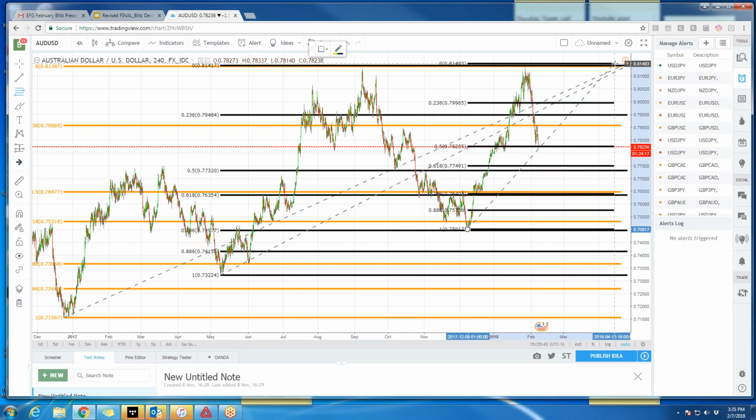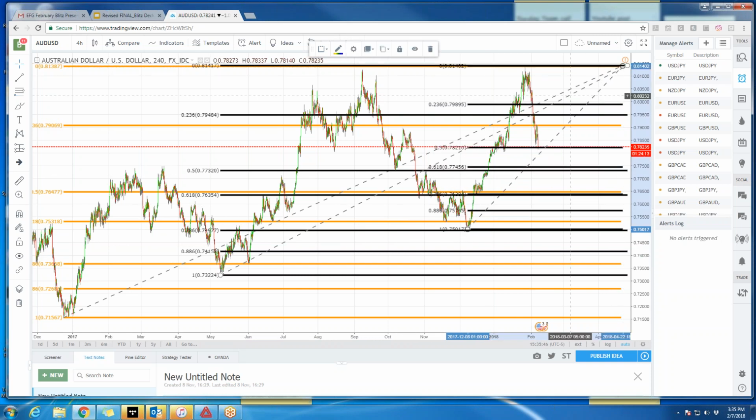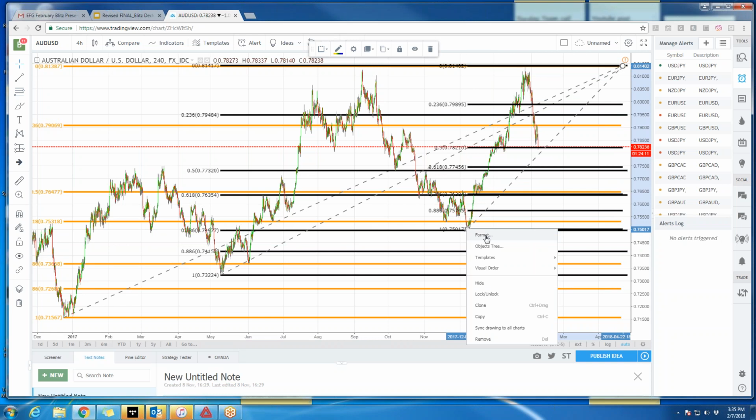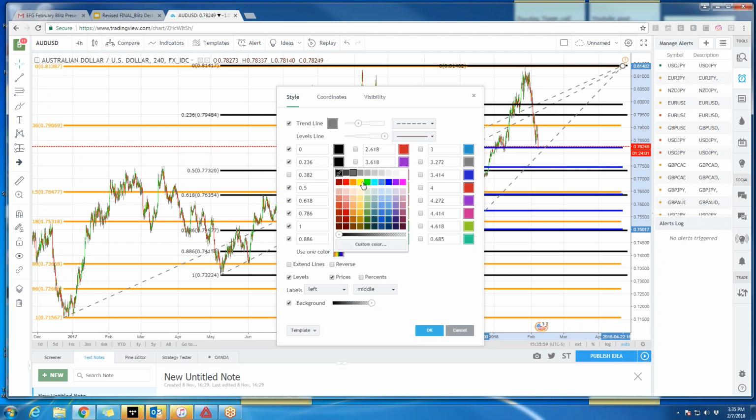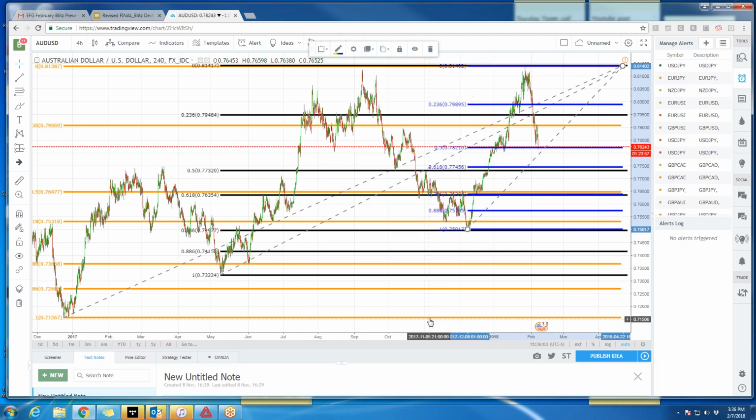We just want to do the same thing on that. All right, so I have a pretty strong understanding of where Fibonacci is on this chart.